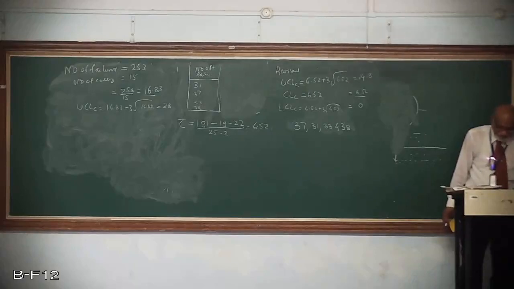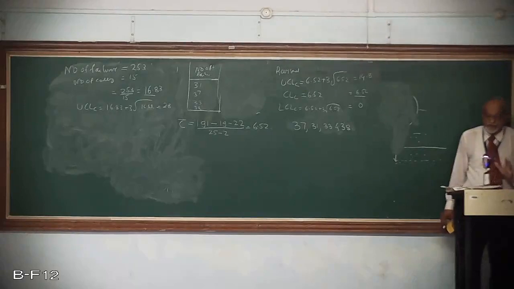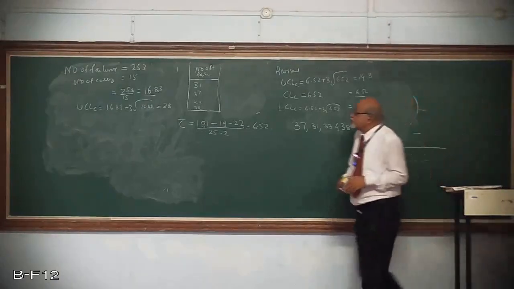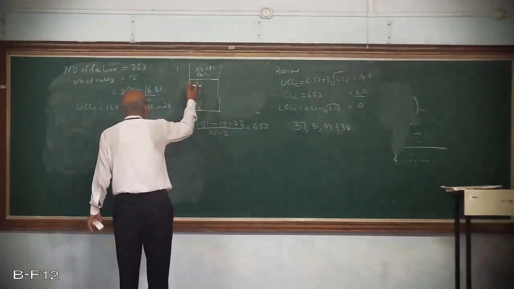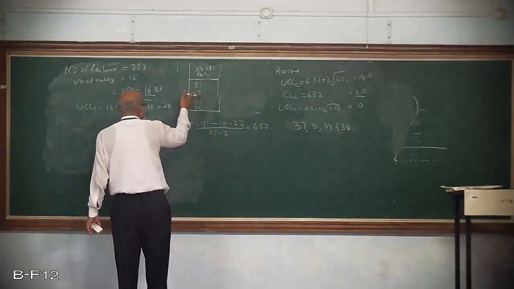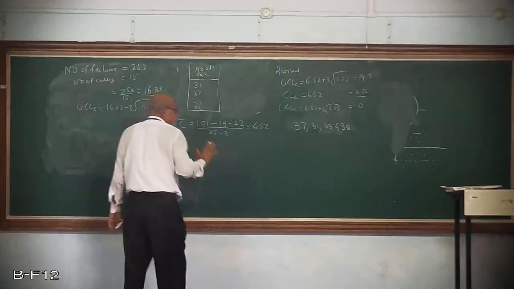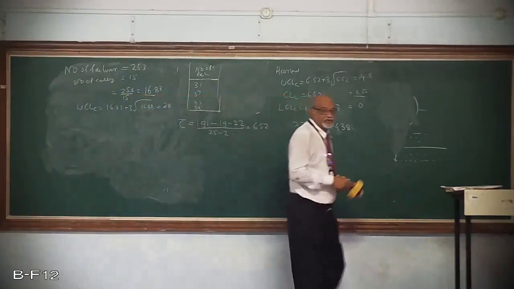If we want to find the revised control limits, then out of this 253, these values are to be deducted, almost 50% of this, and then we find it. Is it understood?